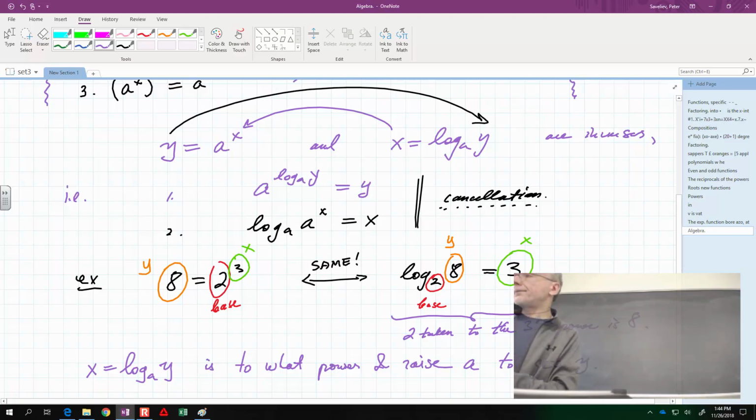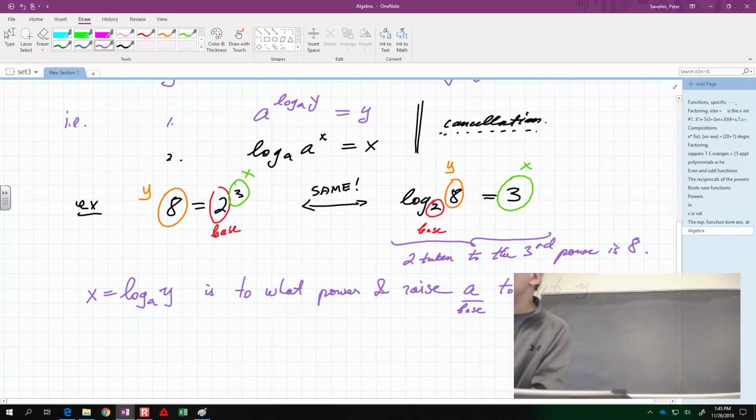Okay. So if the formulas don't work for you sometimes, it's better to have an extra way to look at it, which is the verbal description. So once again, the logarithm is to what power do I have to raise the base to get y. Once again, it's in the backward direction. Whatever the y is on the inside, how do I get that y as a power of the base? And if you compute it, you have the answer.